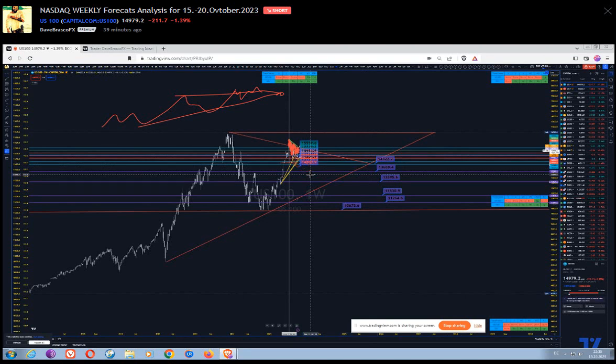We need, first of all, to monitor all the time the impact of the data on the US dollar. And as long as the US dollar is bullish, we stay bearish on the indices.